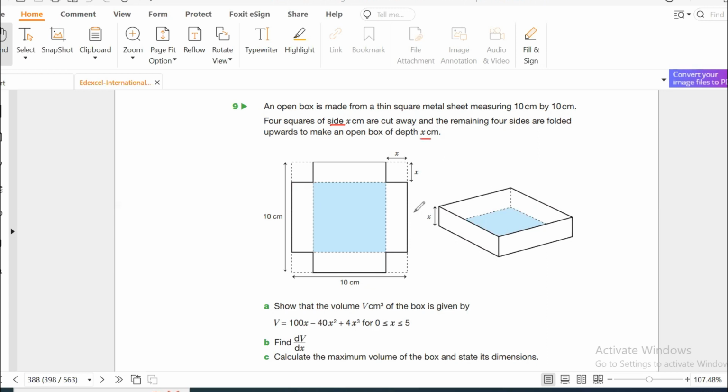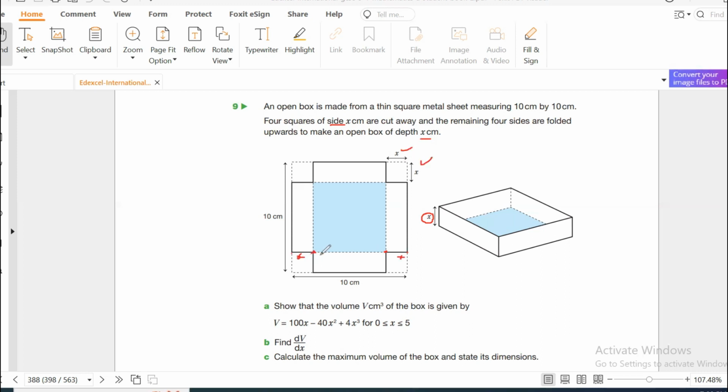So if we see, the depth is given, which is x, and for the other sides, for example, you want to check from here to here, the length is what? So the total length is 10. So from this point to here, x, this point to here, x.